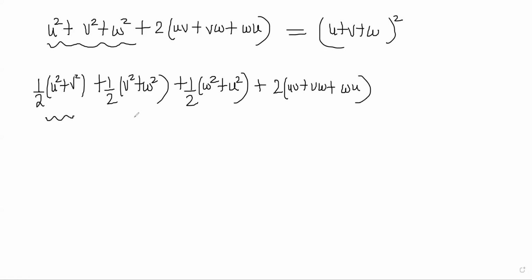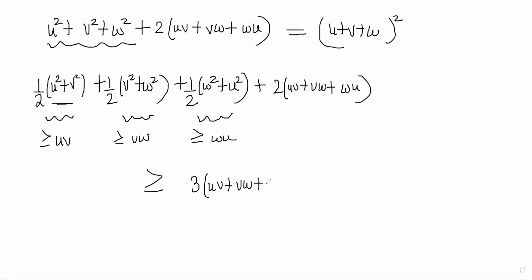Now, all of these terms are greater than or equal to UV, right? By AM-GM on these two terms, we can say it is greater than or equal to UV, this is greater than or equal to VW, and this is greater than or equal to WU. So we are getting that the overall expression is greater than or equal to thrice of (UV plus VW plus WU), right?